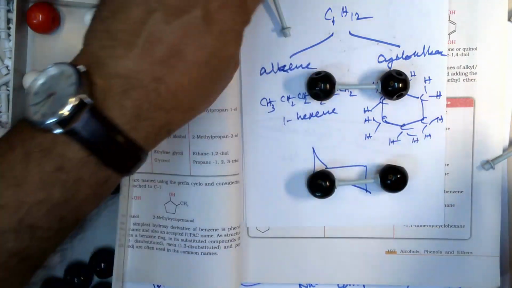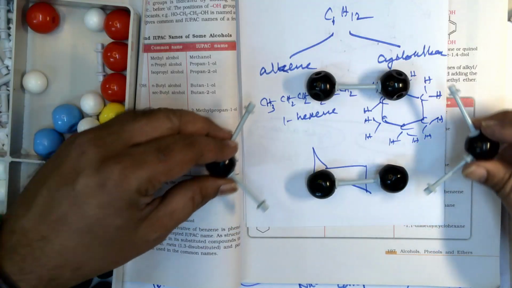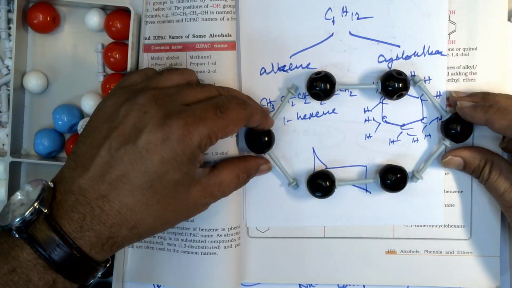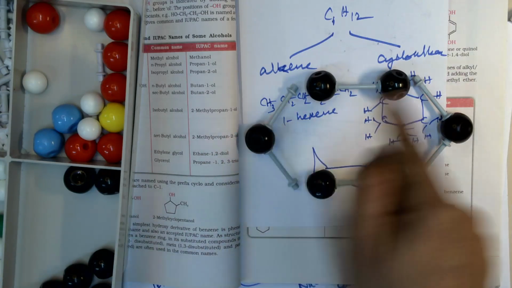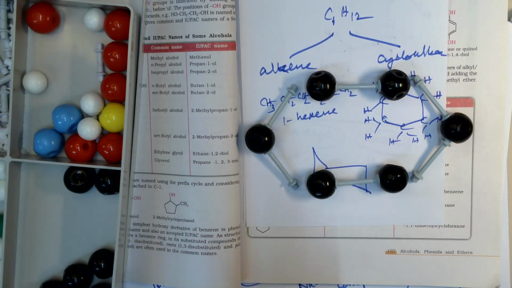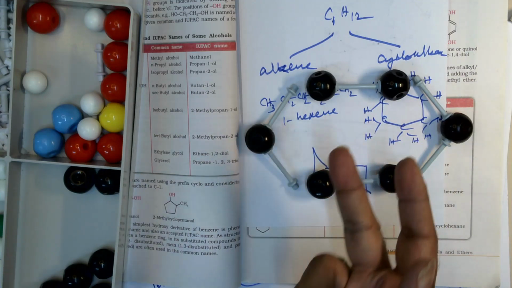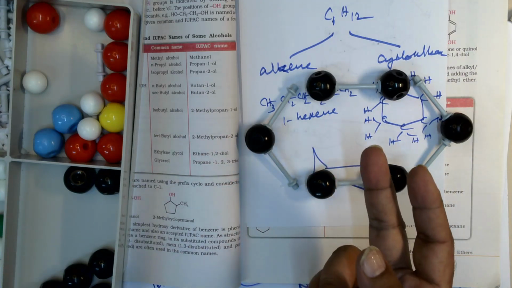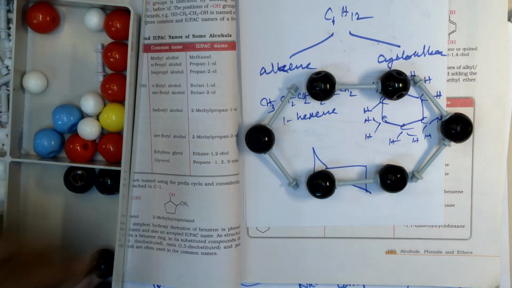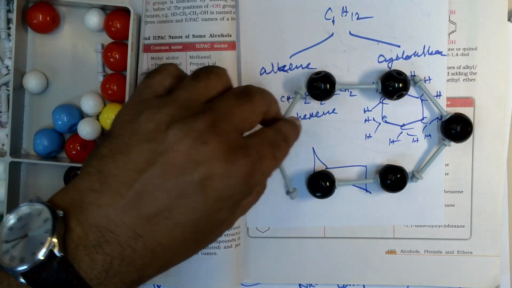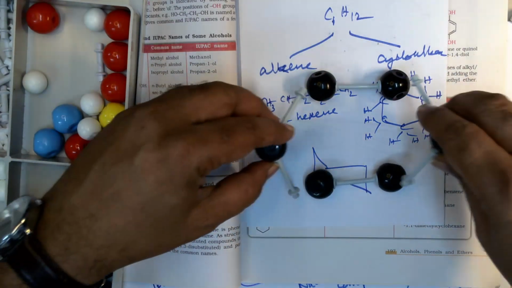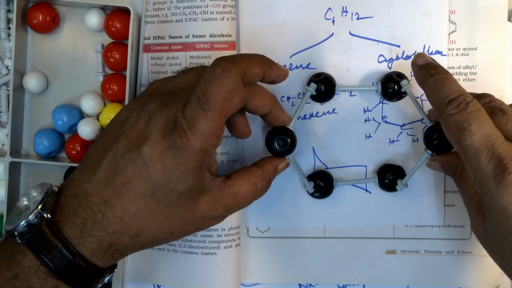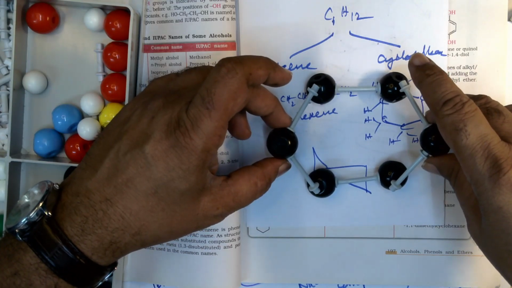See this? We expect a hexagon like this. But because of the strain, because each carbon atom will be having two hydrogen, it doesn't have enough space to accommodate two hydrogen in each carbon atom. So what happens is one is lifted like this, and if both are lifted like this, it forms a boat form. Are you able to follow this?